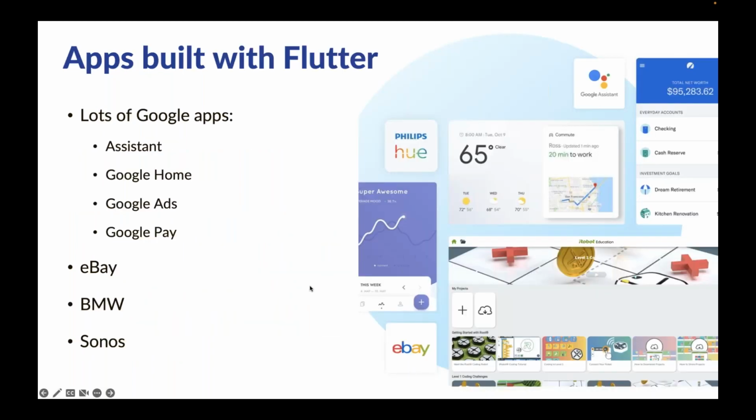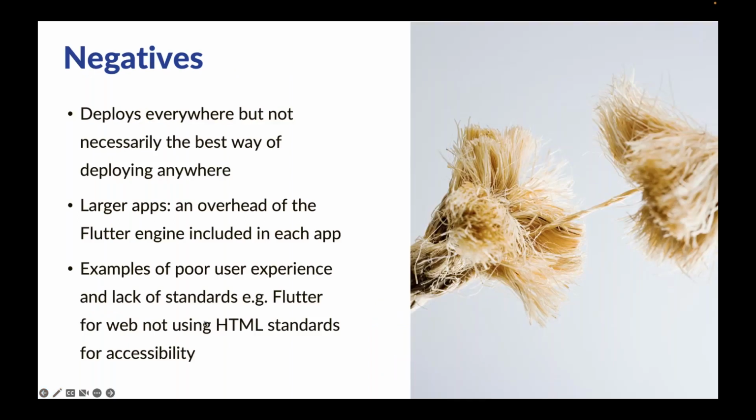You also have a slight overhead, so it's a slightly larger app, because we have that situation where you have these 3 layers. For every app that you deploy, you have those first, bottom and middle layers, where the app has to hold those layers as part of the single app that's deploying onto the device.